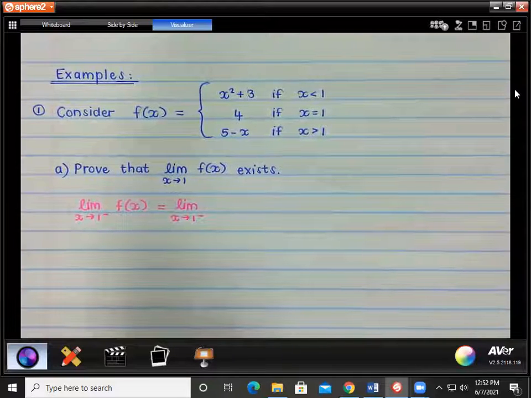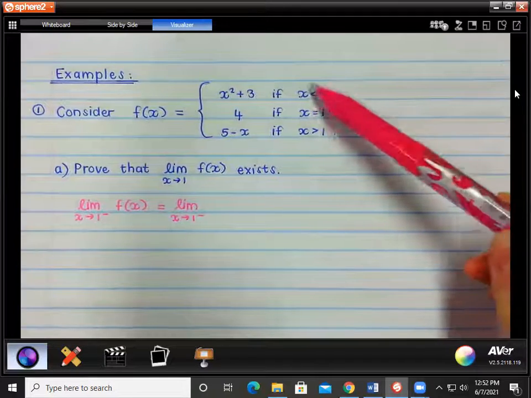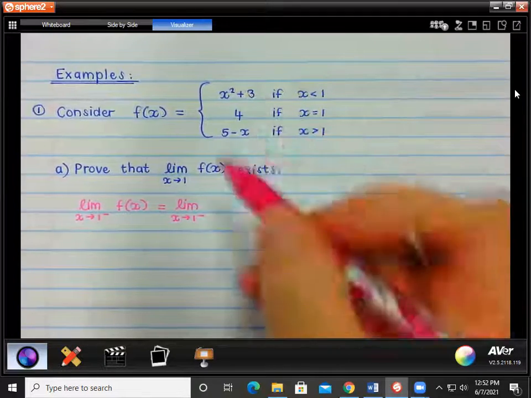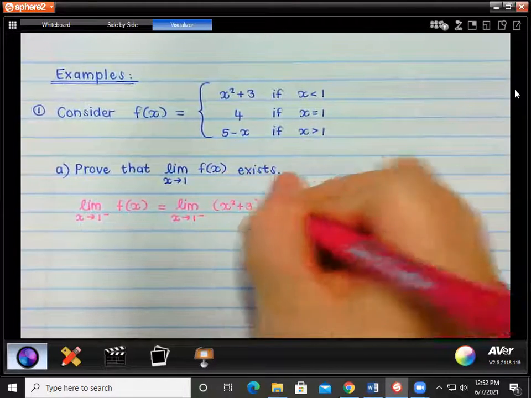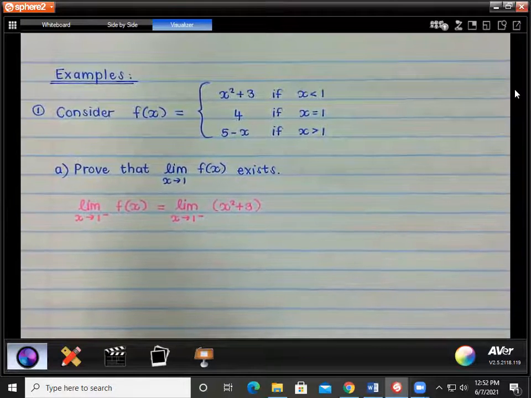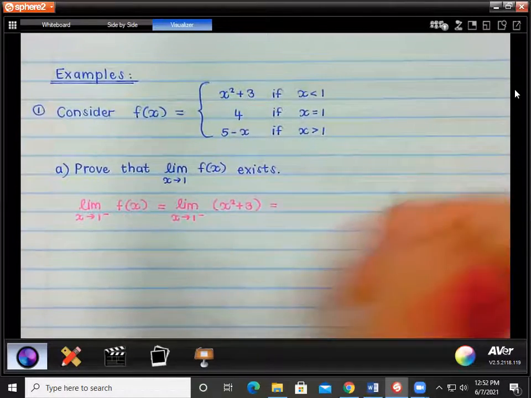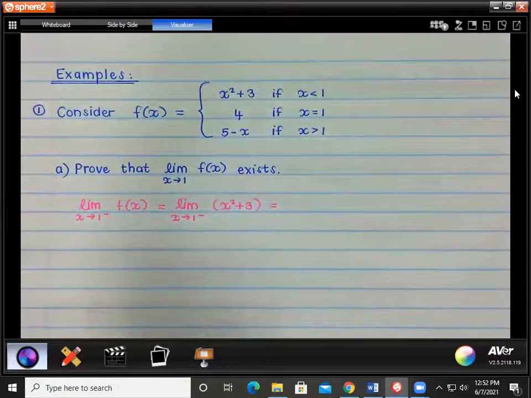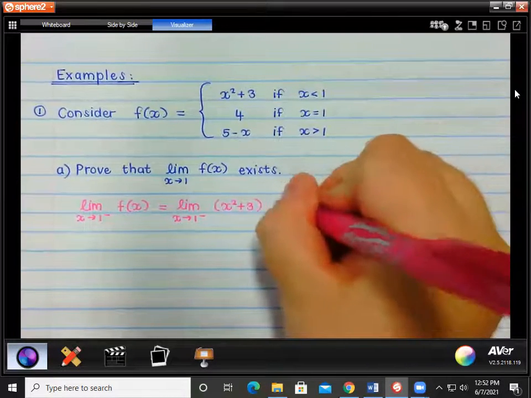If we're coming from the left, smaller than 1. So what function would that be? Where is x smaller than 1? x squared plus 3. So this is what I'm saying. It's sometimes just useful to actually write that down. Obviously, if you don't have a lot of time, then you don't have to write it down, but it does help to specify that it's that one. Okay, I'm just going to do this all in one line to try and save some space. Now, is there any complicated thing that I need to do with that limit? I can just sub 1 in straight. All right, so 1 squared plus 3 will just equal 4.